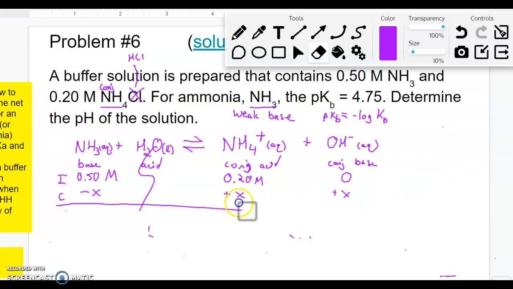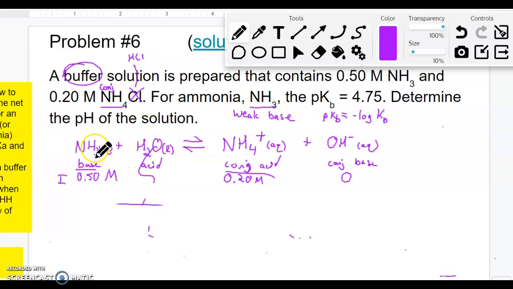They told us that we had a buffer solution, you guys. This is a buffer. We have the base and its conjugate. There's really nothing else here to begin with. And so it is just a buffer.